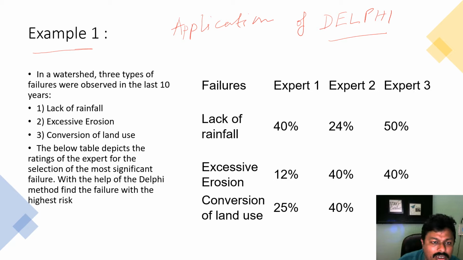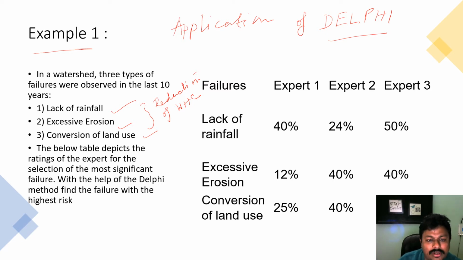One is lack of rainfall, another one is excessive erosion, and another one is conversion of land use. All three of these are causing reduction of water holding capacity of the watershed.